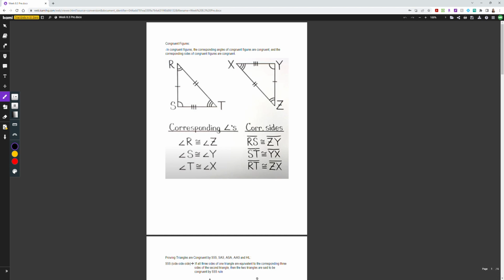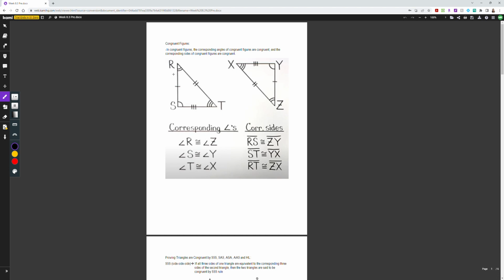The other way to check is to check the sides. Line RS is congruent with line ZY. Remember, in Introduction to Geometry, when we talked about notation, the order in which we state these statements is really important, because we know R matches Z. That's why we say line RS and line ZY, and not line YZ.